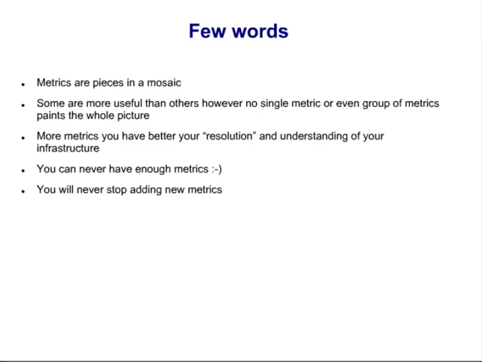Most important, you can never have enough metrics. You will always find out, oh, we should have been monitoring, I don't know, our error rates. So this is a continuous process. You will probably never finish adding metrics. So don't get stressed. Just start with basics.